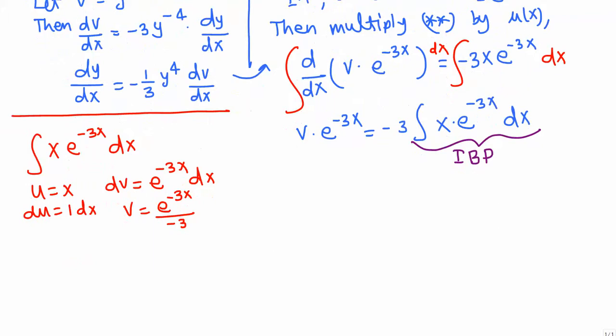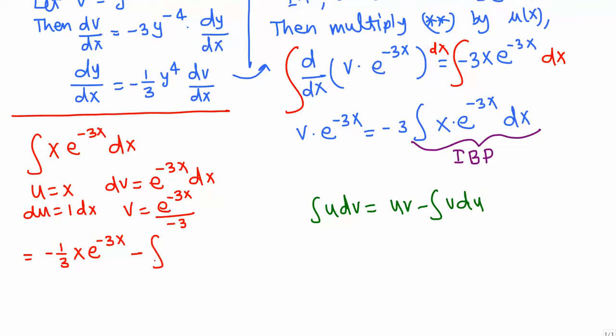And we use the fact that the integral of u dv equals u v minus the integral of v du. That's the integration by parts. So that is now u times v, negative 1/3 x e to the negative 3x, minus v times du, and minus times minus is plus, 1/3 e to the negative 3x dx.